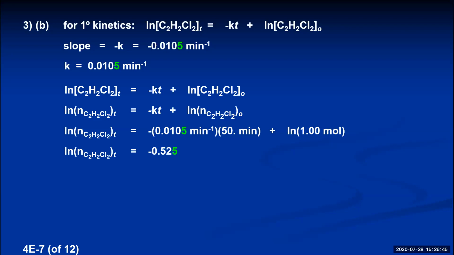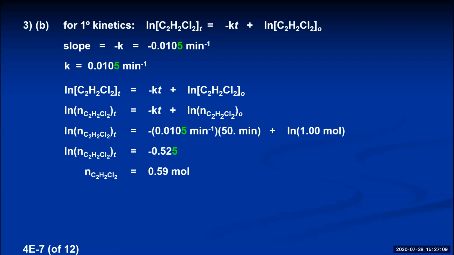Turns out to be negative 0.525. And if I raise both sides of the equation to e as a base, I can solve for the moles of C2H2Cl2 at time t, and that turns out to be 0.59 moles. So that means that after 50 minutes, the 1 mole of the reactant reacts away so that you only have 0.59 moles left after the 50-minute time frame.